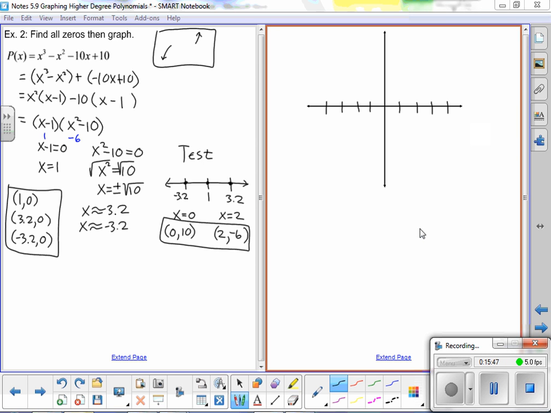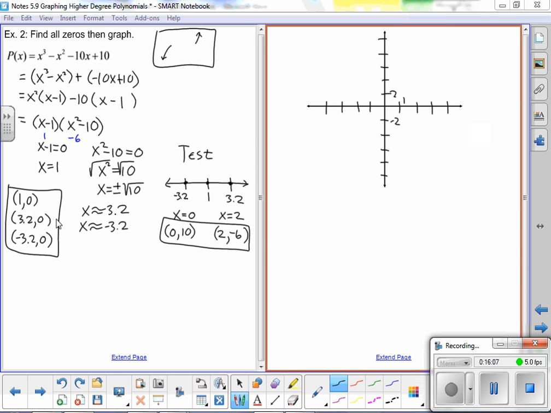Going up to 10, I'm going to count these by twos. So 2, 4, 6, 8, 10. And then negative 2, 4, 6, 8, 10. Okay, counting by twos there, but I'm counting these ones by ones. So just label your graph if you count by anything other than ones.